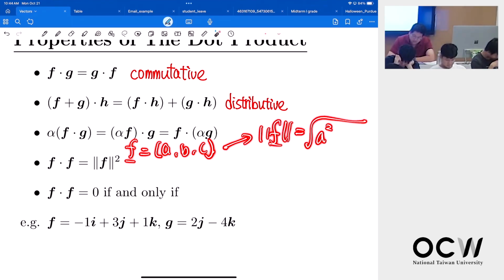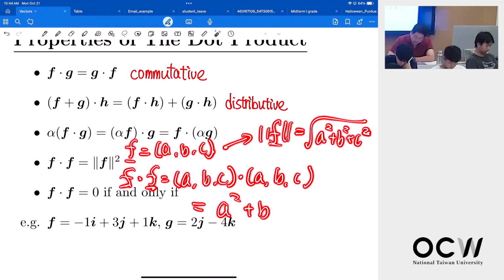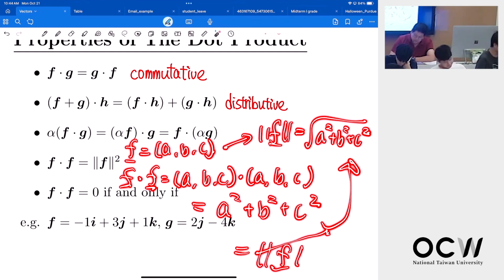Square root of a squared plus b squared plus c squared, right? Then f dot f, (a, b, c) dot (a, b, c), I have a squared plus b squared plus c squared. So this is just equal to the norm square, right?